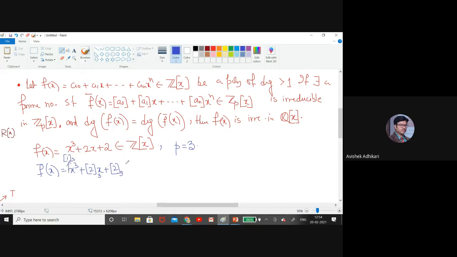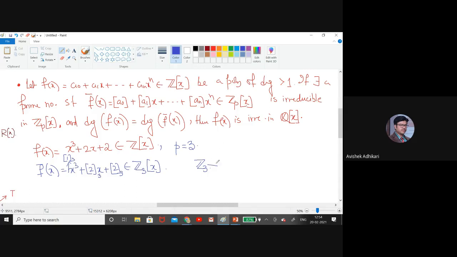Now this belongs to Z3[x]. If I ask whether this has any root within Z3, you may not be able to factor this, but if there were any root, it must belong to Z3.